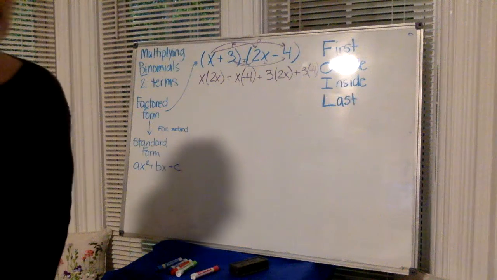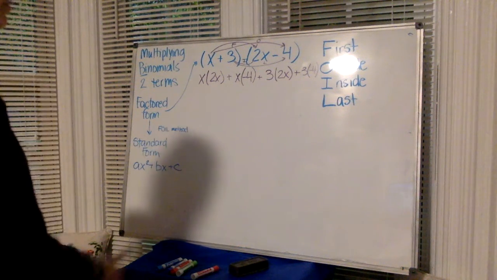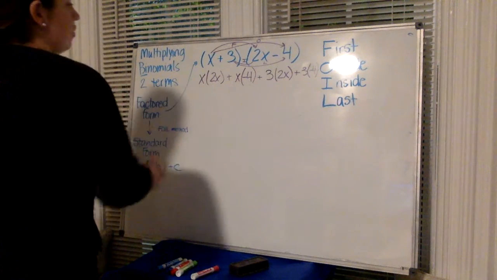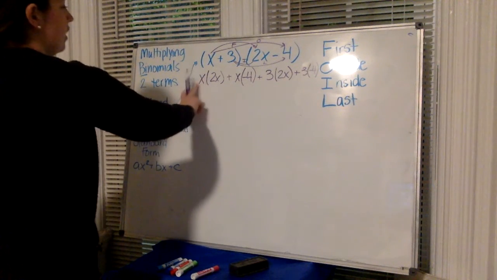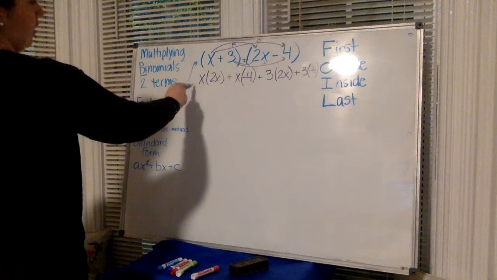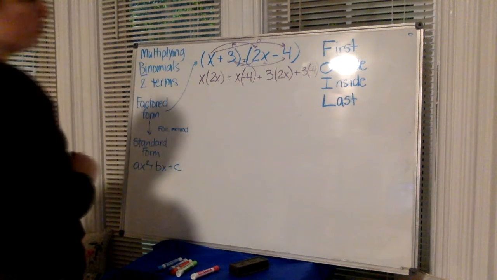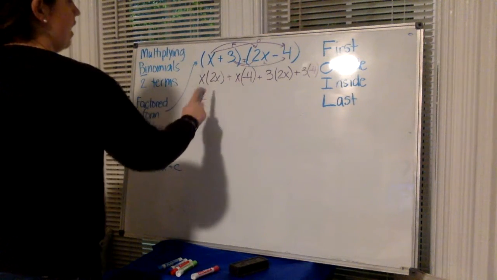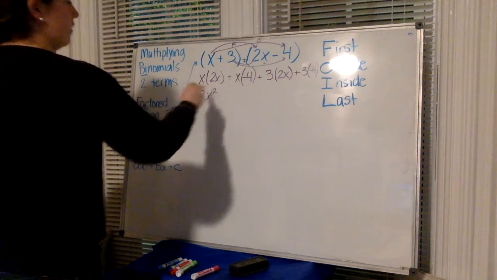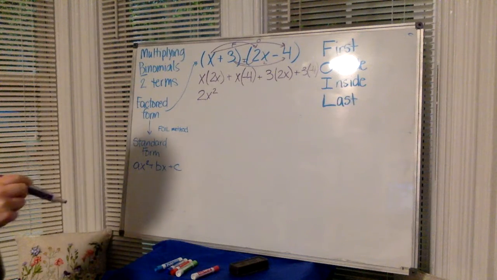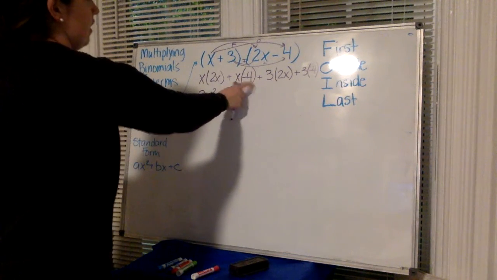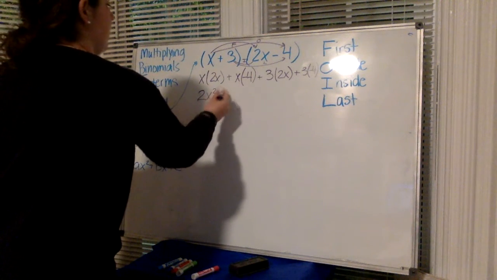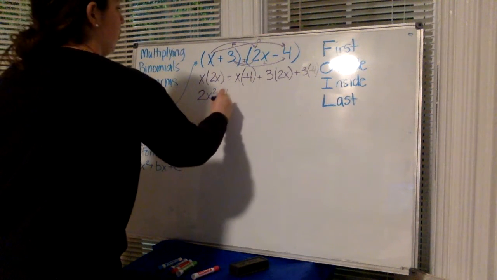We have now multiplied these binomials, but we need to simplify this, obviously. So let's go and do that. X times 2x: 1 times 2. We know that there's no number before the variable, it's just 1. 1 times 2 is 2, and x times x is x squared. In my next term, I see x times negative 4, so we're going to have a negative 4x.